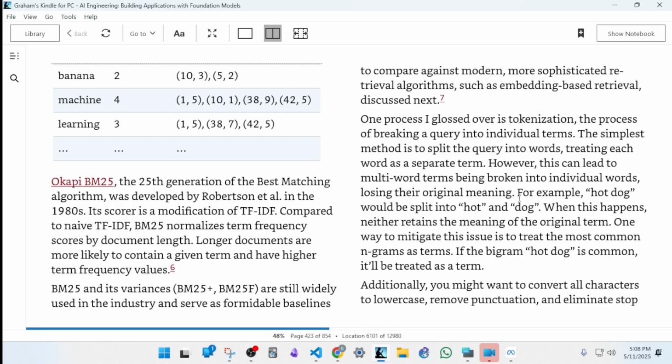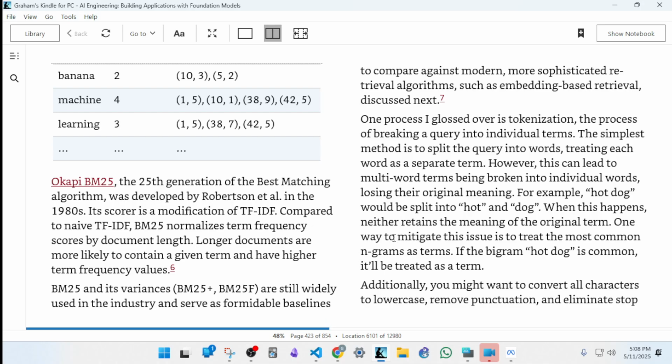For example, hot dog would be split into hot and dog. When this happens, neither retains the meaning of the original term. When you split it, you lose whether you're talking about the sandwich, hot dog, or a dog that is hot.